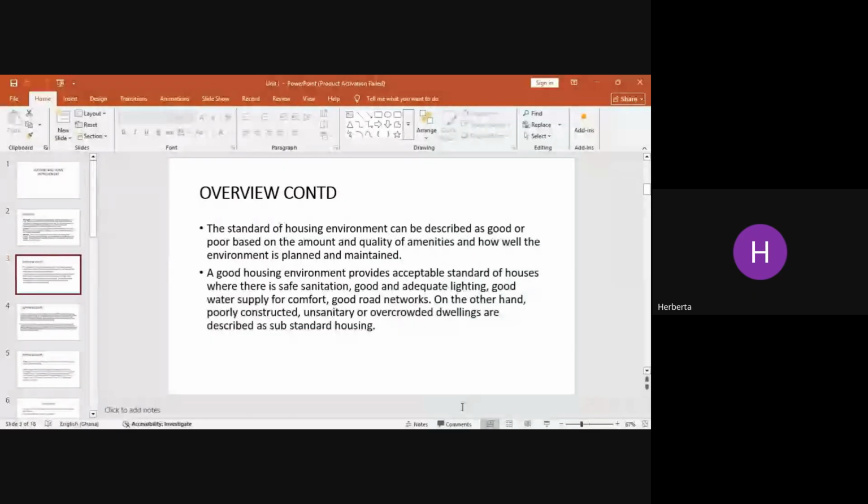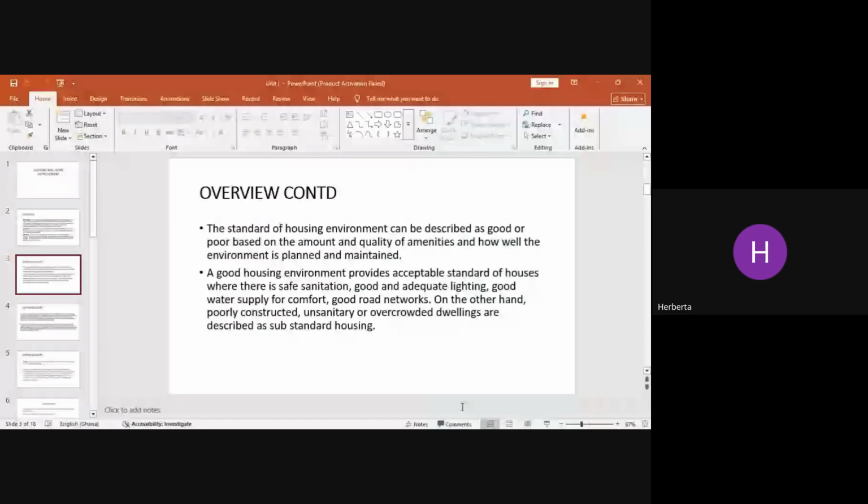You have the opposite of it when there is no proper layout, no thorough streets, and the network within the housing community is poor. You might be walking on a lane, by the time you realize you are in somebody's bedroom. There is no good network. You have to climb a tree before you can make a call. Or there are designated places that you have to stand to make a call.